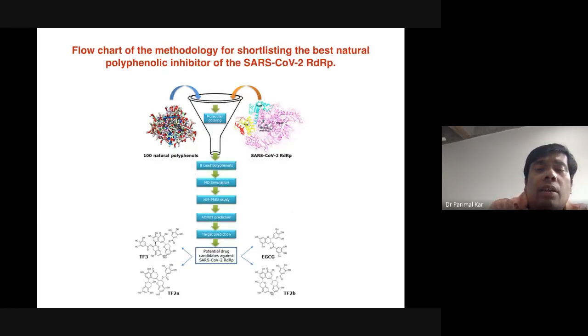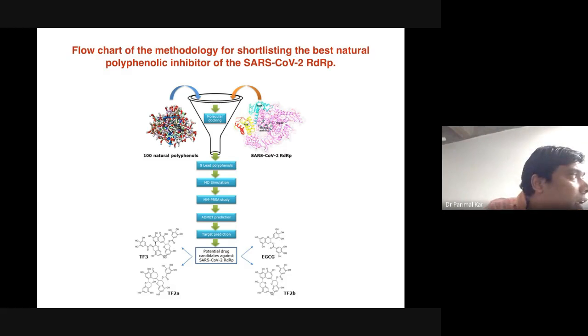So we need to find a drug for this target, for SARS-CoV-2 only. So basically, we are mostly interested in finding any natural polyphenolic inhibitor that can bind. That was our interest. So we took 100 natural polyphenols, and this is the SARS-CoV-2 RdRp, and then we performed molecular docking. From molecular docking, we got 8 lead polyphenols.